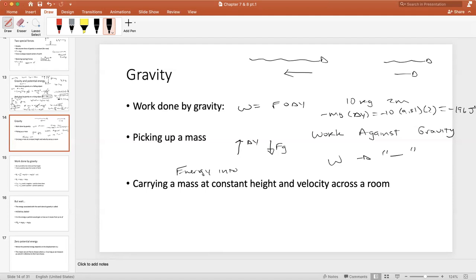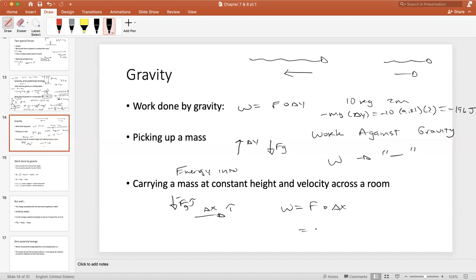If I carry a mass at a constant height and velocity across a room, and gravity is the only force that matters, my delta x is in the i hat direction, and gravity is in the negative j hat direction. What work am I doing? Am I doing work? Well, remember that work is force dotted with displacement.